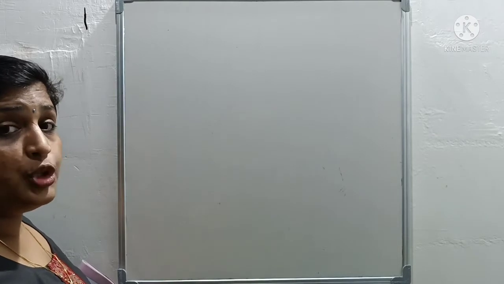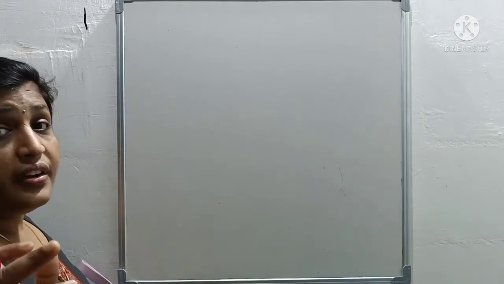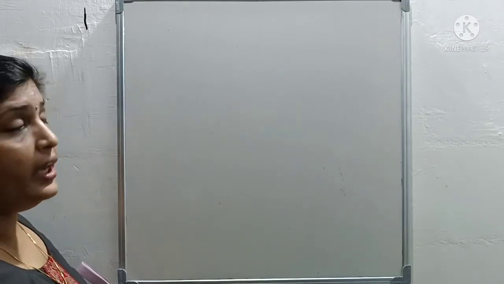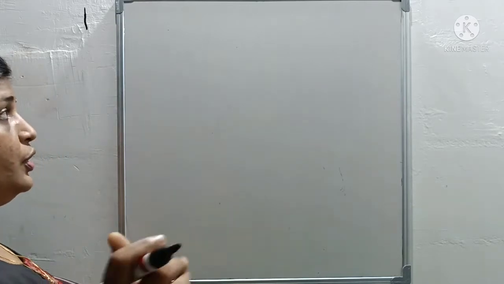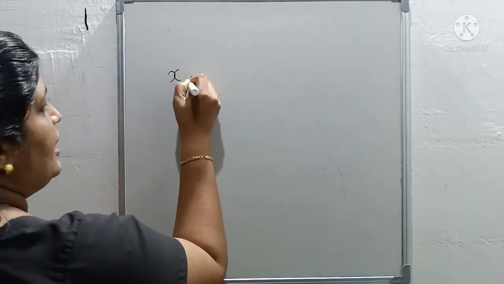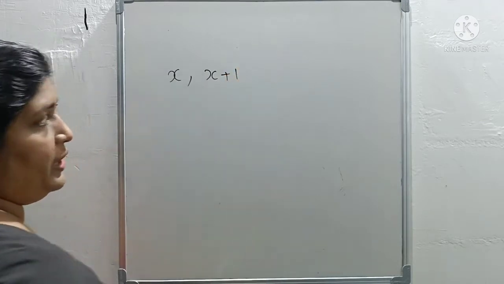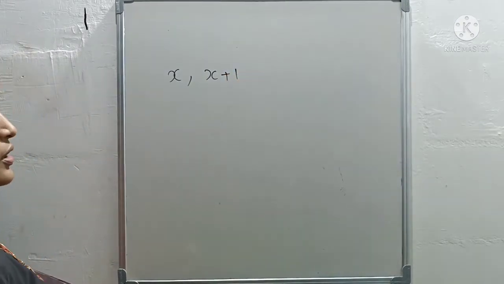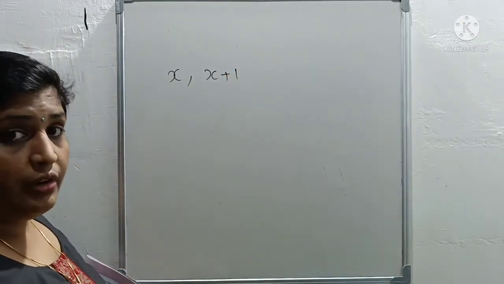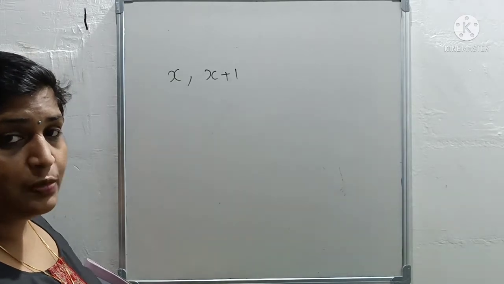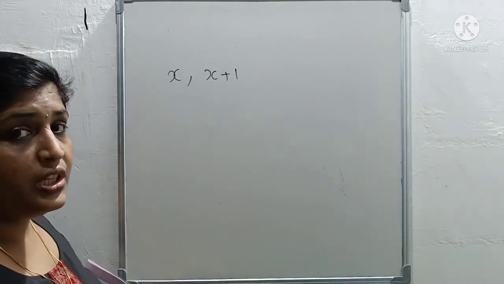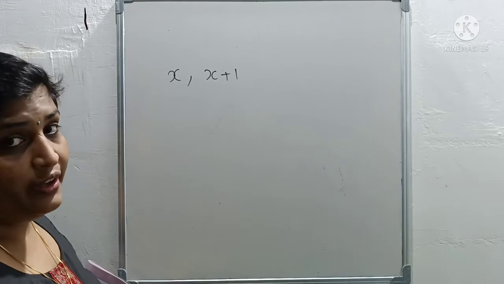If we take any two consecutive natural numbers, say x and x plus 1, now we are going to find out the difference of their squares.